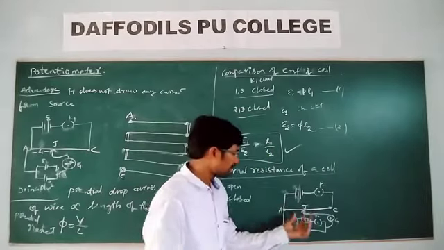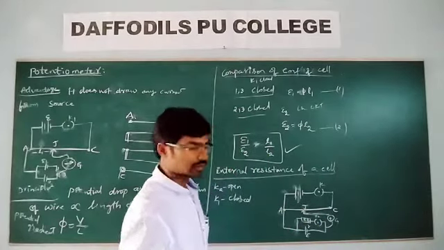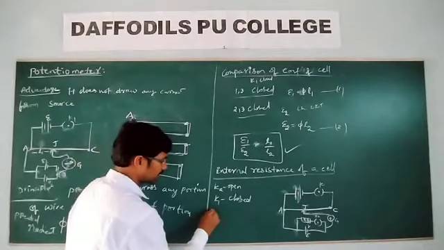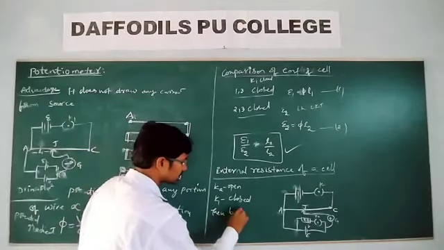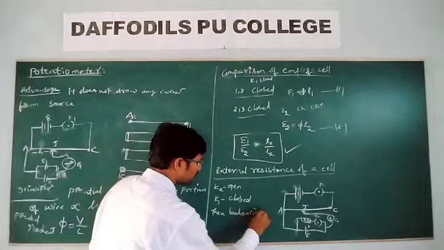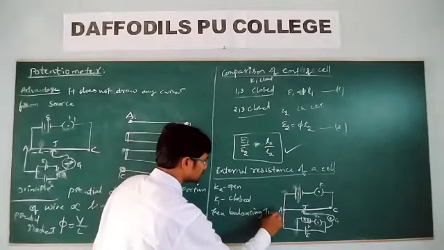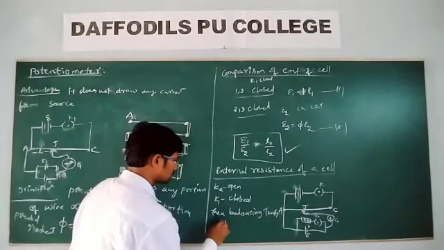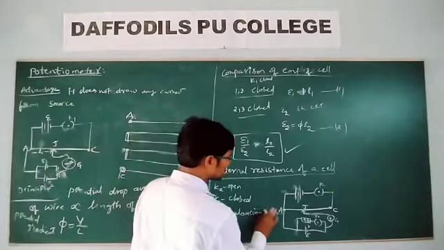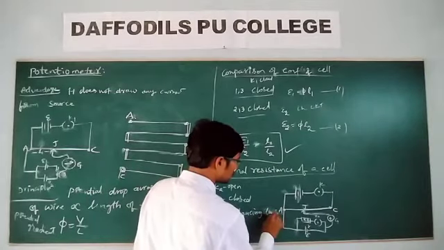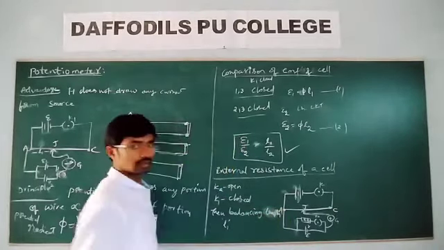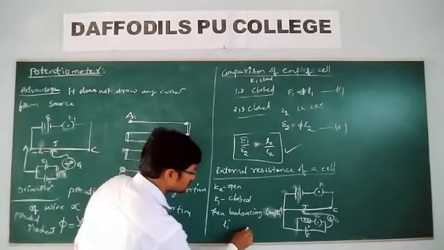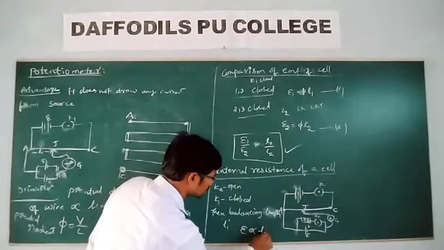In that case, we measure the balancing length, which is L1. So we can write E is directly proportional to L1.